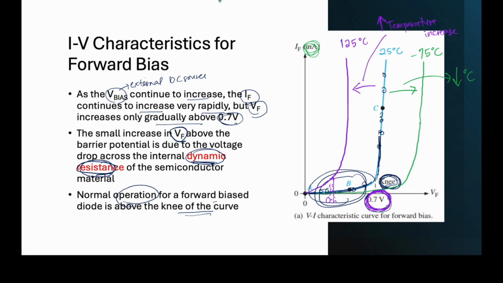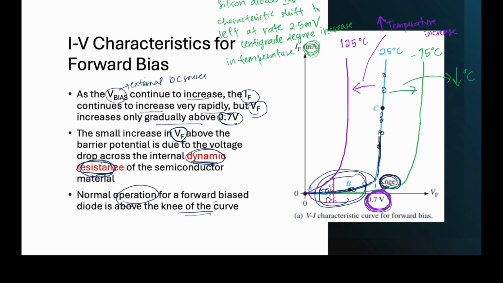For a silicon diode, the graph will change. The IV characteristic will shift to the left at a rate of 2.5 millivolts per degree centigrade increase in temperature.